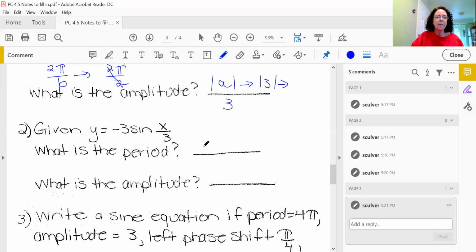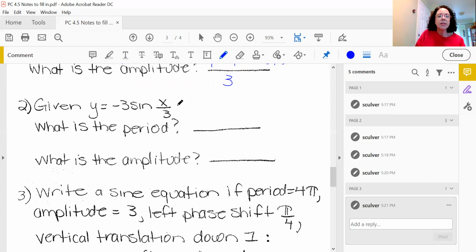Let's try that again with y equals -3 sine of x over 3. First of all, notice that in our formula, our angle is never being divided by a value, so it must be being multiplied by 1/3. Notice that my A is -3 and my B is 1/3. So what is the period? 2 pi divided by B. My B is 1/3.